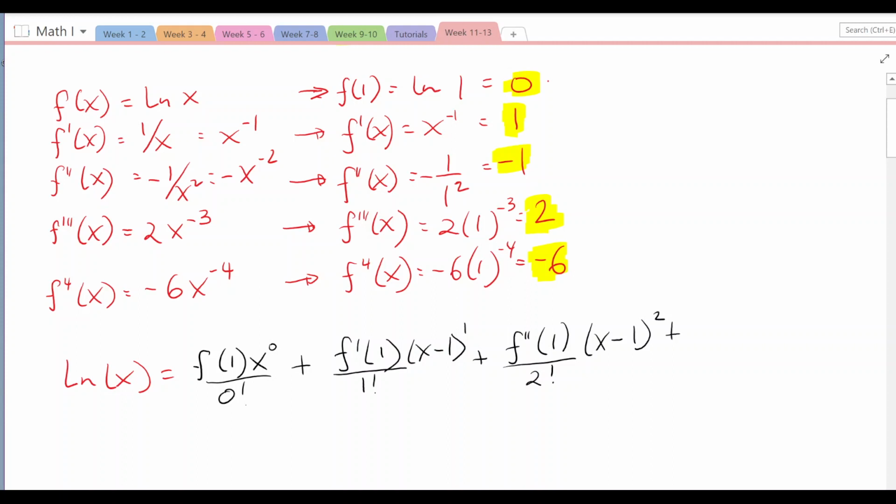So we just do until 3 or maybe 4, because we have the data. This is the third derivative at 1 divided by 3 factorial.